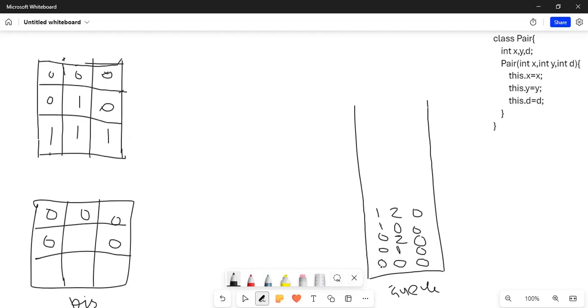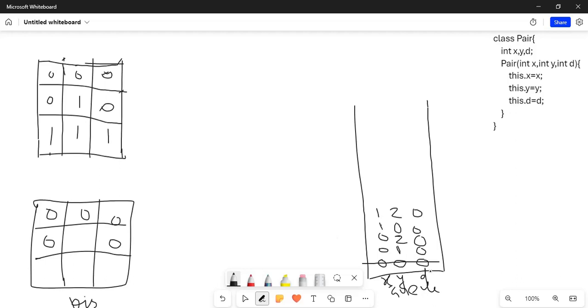The queue is first in first out, so remove the first element, and the value will be 0 0 0. This is the x value, y value, and this will be the d value. That means the nearest zero cell is at d distance from this xy box.